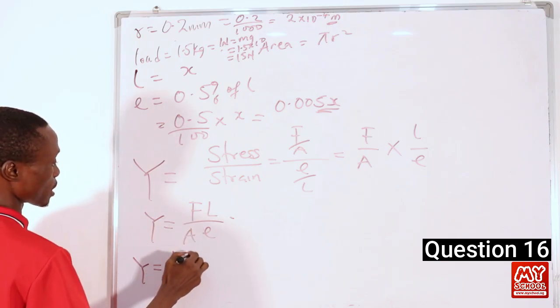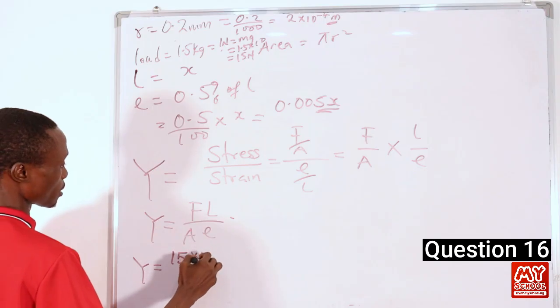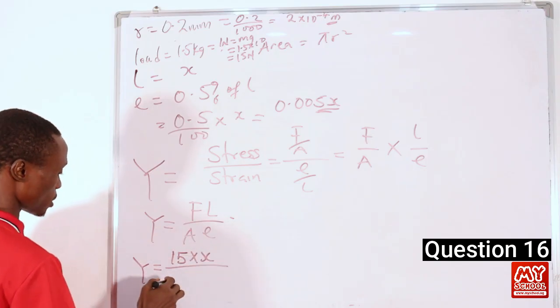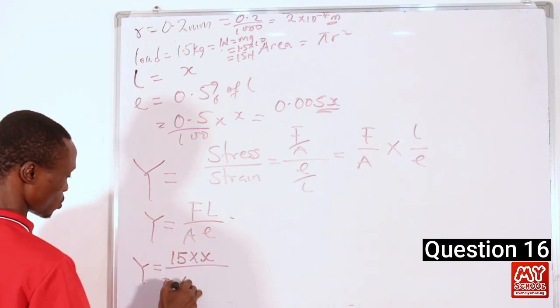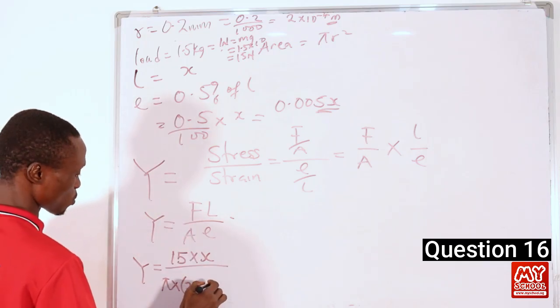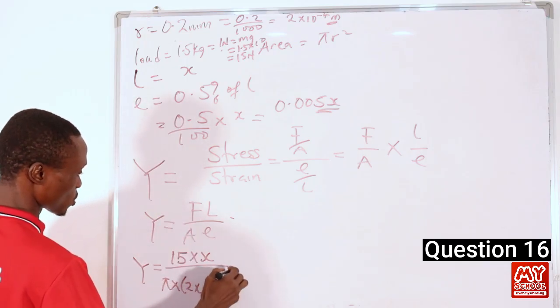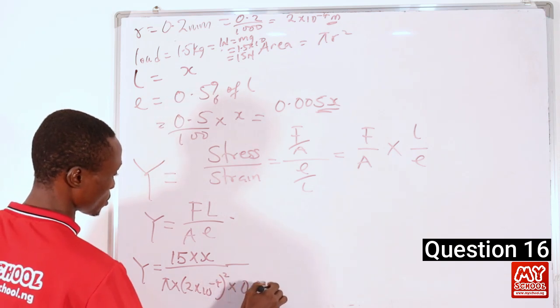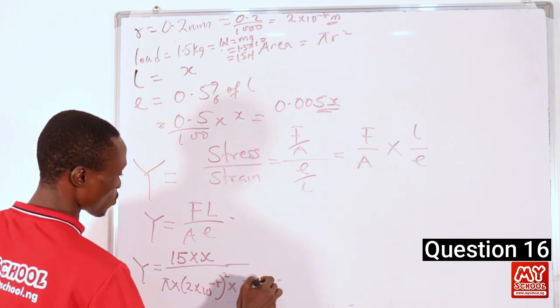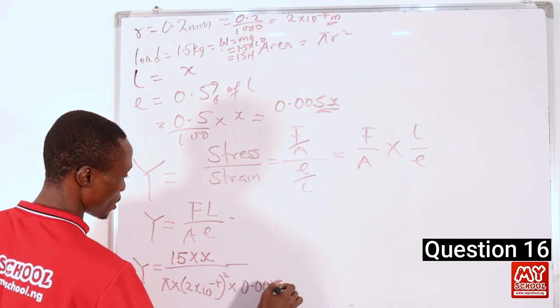15 times the length, which is x, all over area, which is pi times the radius squared, which is (2 times 10 raised to the power minus 4) squared, then times extension, which is 0.005x.